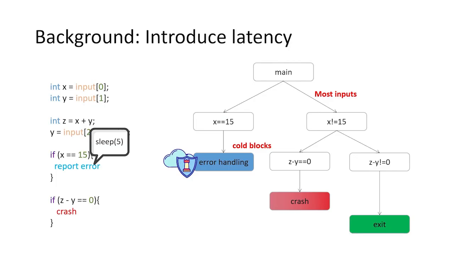So existing solutions try to insert the latency into code blocks that normal users will rarely reach, like some manually located error handling blocks, or code blocks found based on binary analysis techniques.